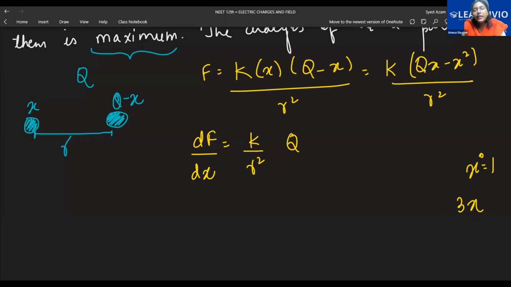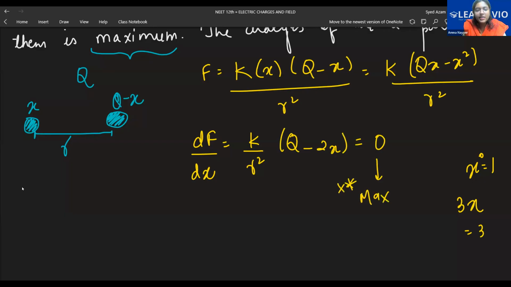So similarly, take Q as the constant because charge is a constant here. That's why we are left with Q. Like 3x, you differentiate, you get 3. You differentiate Qx, you will get Q. And x square gives minus 2x. Now this is equal to 0. Why? Because the force is maximum. This is something important for you to know.